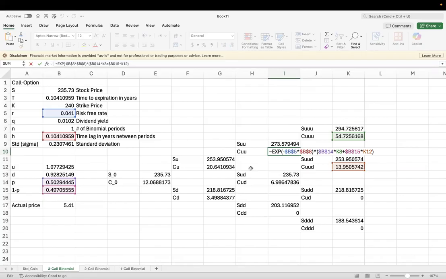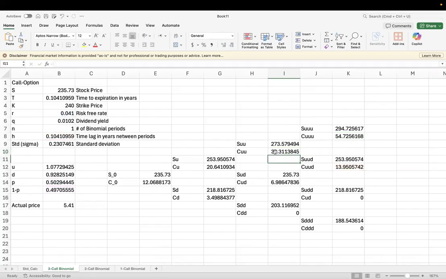So here, negative R times H. So this one times this, B14, which is P times this, plus this one, B15, times this.